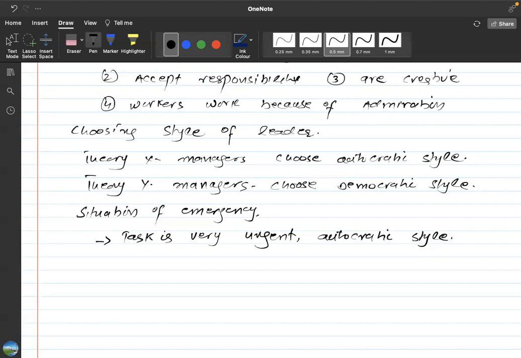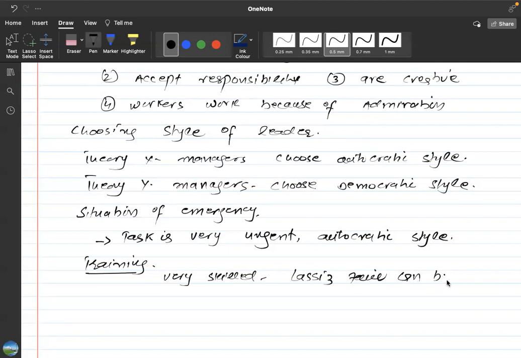Similarly, training. If the workforce is very trained, workers are very skilled, the laissez-faire style can be chosen. If you want to train them, democratic can be chosen.